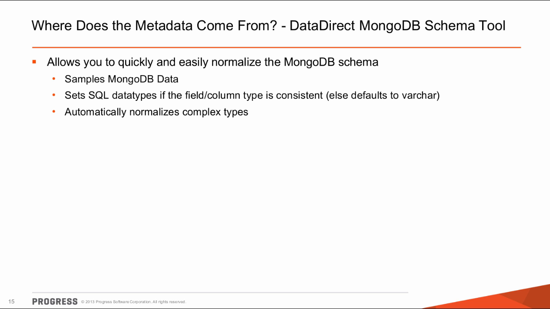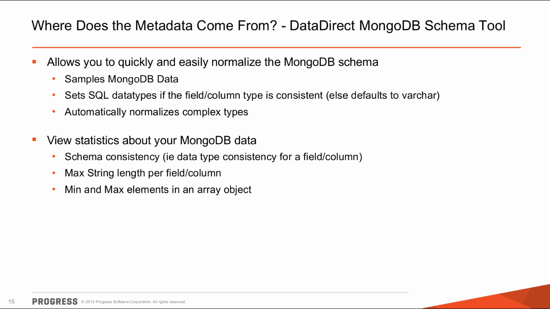Because again, data in MongoDB is typeless, and SQL is a typed model, so there's some metadata required about what those types are going to be. And the schema tool provides a wizard that walks you through this either flattening or normalization process and gives you effectively a baseline from which you can then make choices about how to optimize your particular mapping.